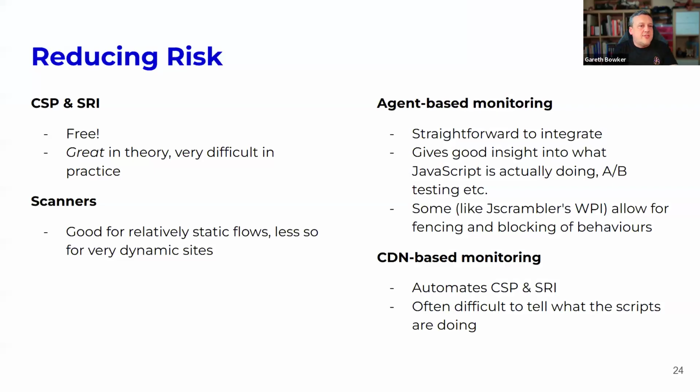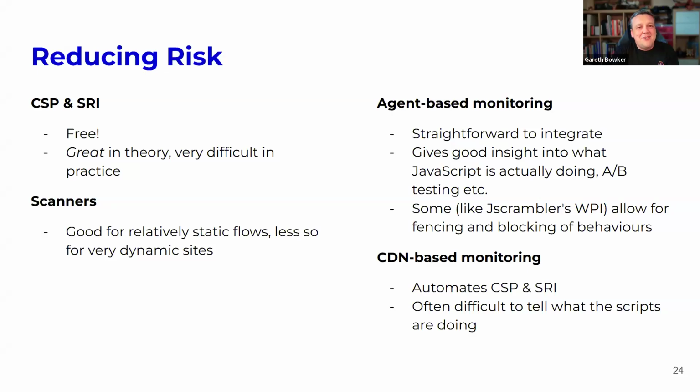So there are several different things that are available to try to help you. The first one we wanted to talk about here was CSP and SRI. So CSP is content security policy. SRI is sub-resource integrity, which is always fun to say 42 minutes into the webinar. One of the great things with this is it's built into the web browser.